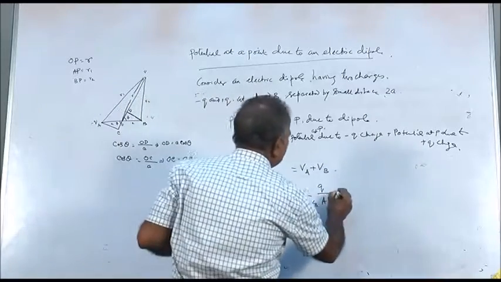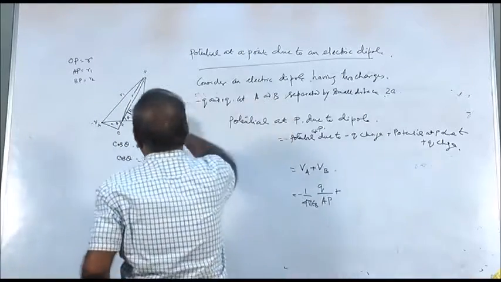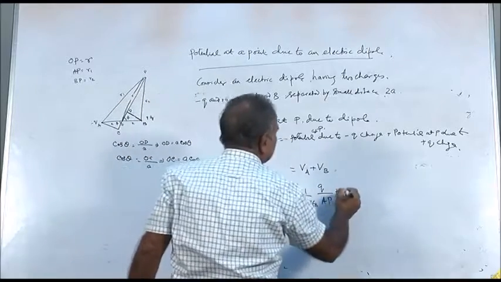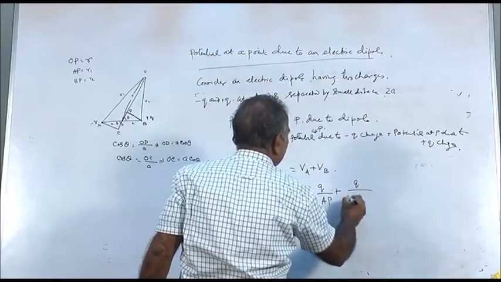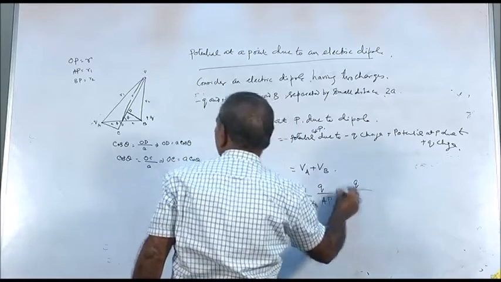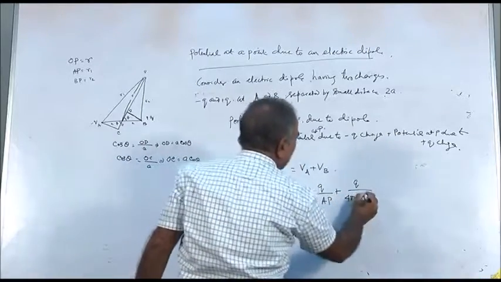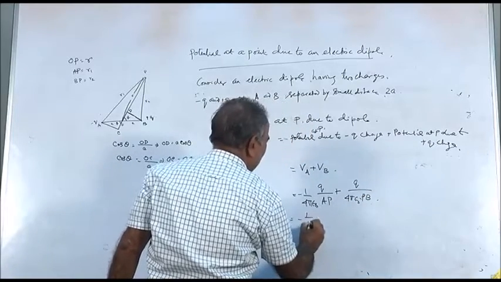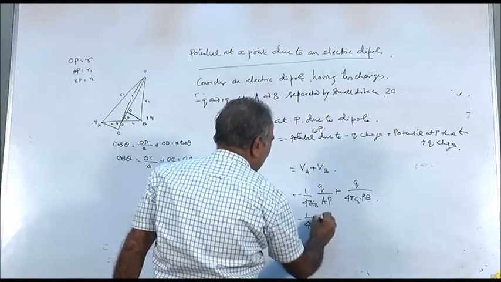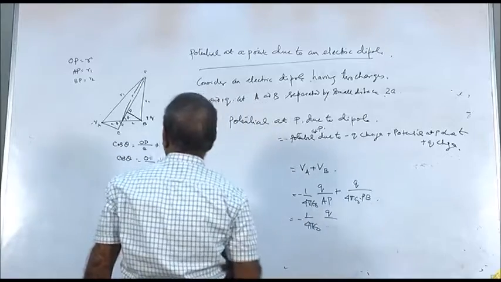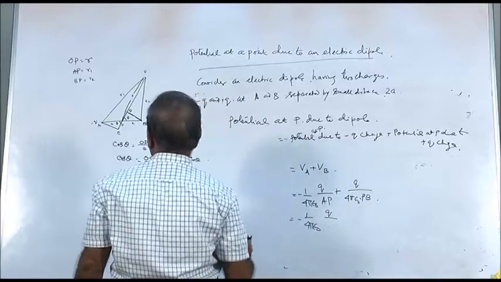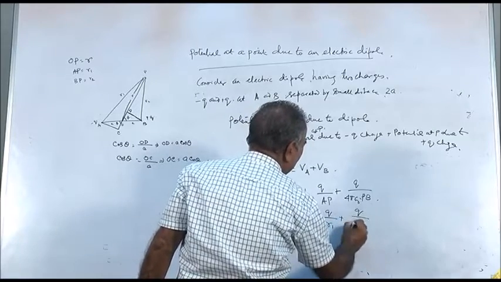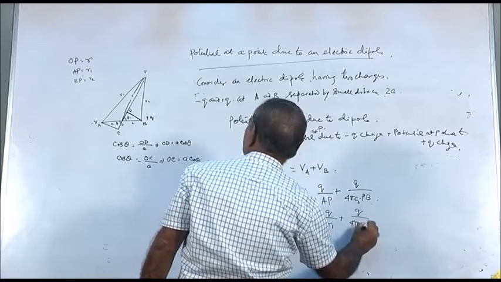Similarly, the potential at this point due to the plus q charge is q divided by 4 pi epsilon 0, this is B P, that is R 2.